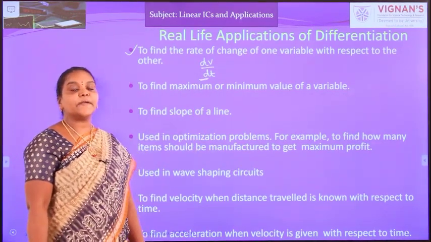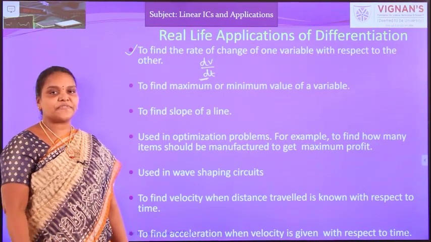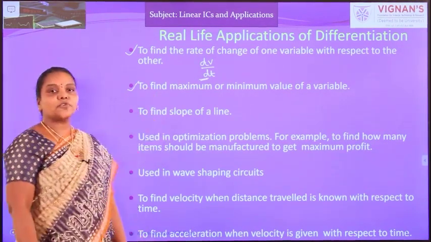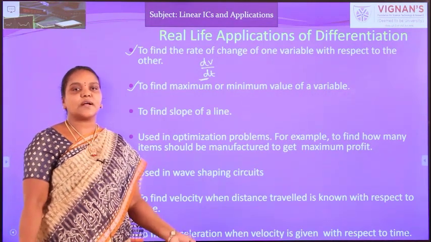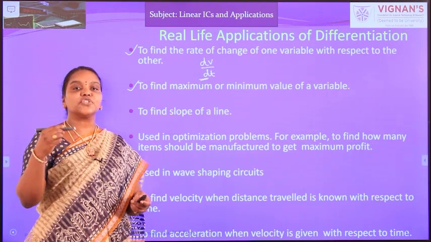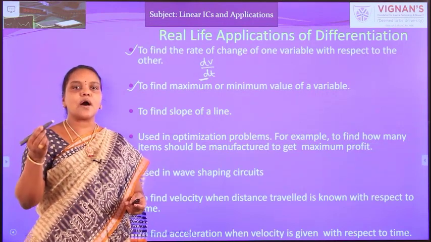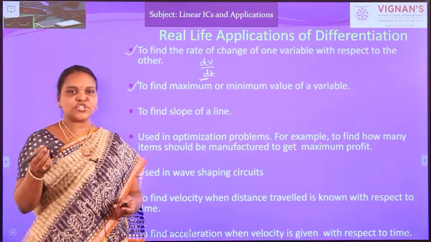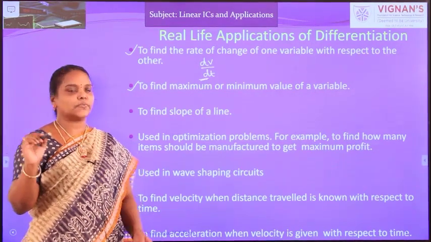And next, to find maximum or minimum of a variable. Suppose a function is there with a variable x. So for what value of x that function gives you maximum value or minimum value can be found by equating the differentiation of that function to 0.